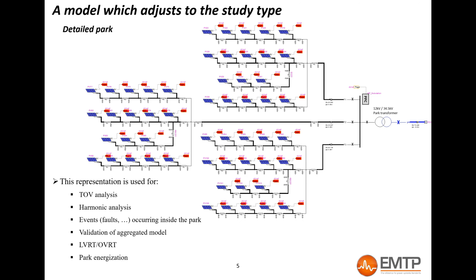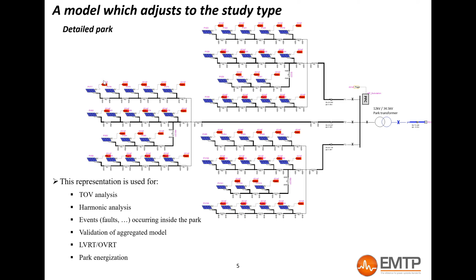So what is a solar or wind park model? It's something like this. We have here the point of common coupling connected to the transmission network. Then we typically have a park transformer, so wind park or solar park transformer, and a park controller which will send the individual voltage or power reference to each inverter in order to respect the power and reactive power the park is supposed to inject into the grid.